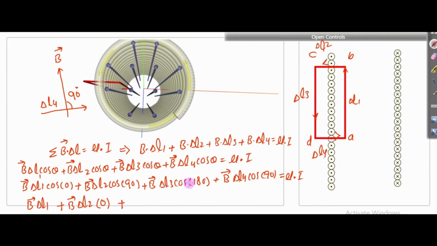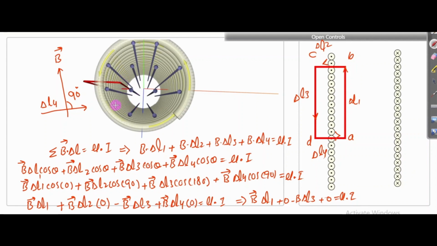Plus this cos 180 is equal to minus 1, so this becomes minus B del L3, and this is again cos 90, which is 0, so B del L4 into 0, equal to mu naught times I. So this equation implies B del L1, plus 0, minus B del L3, plus 0, which is equal to mu naught times I.